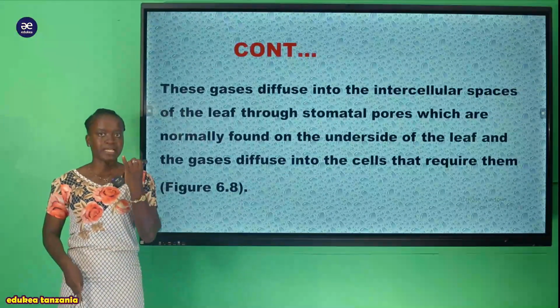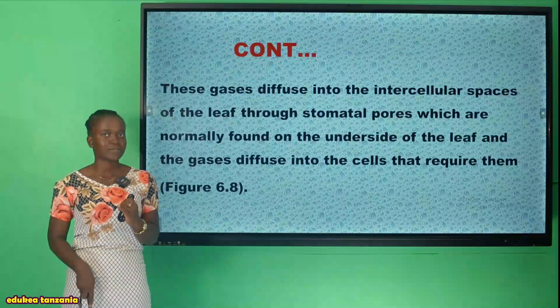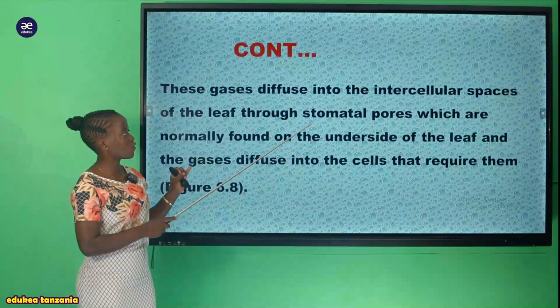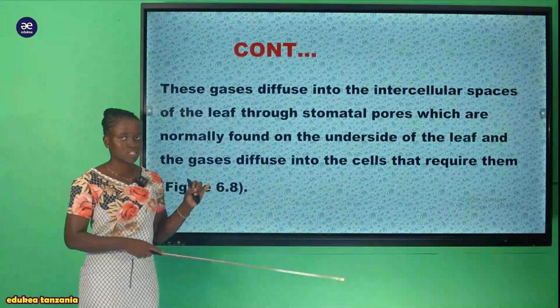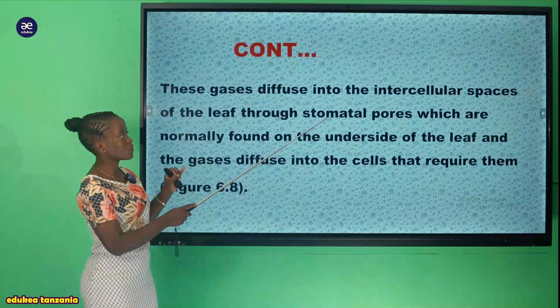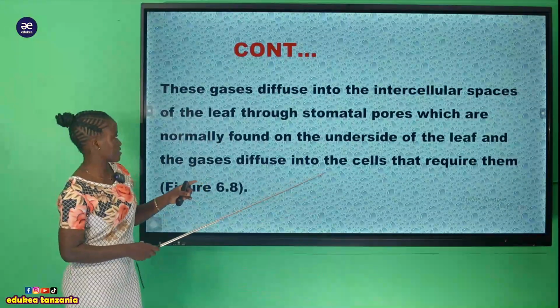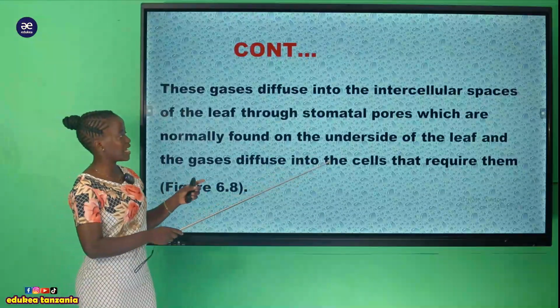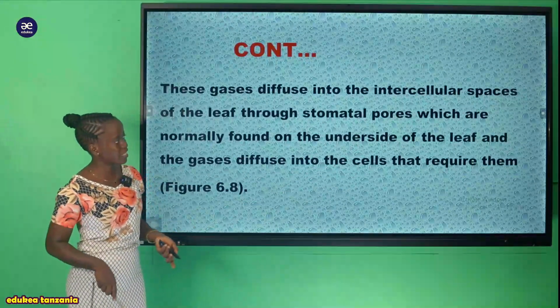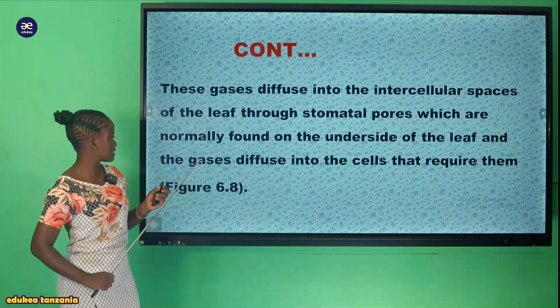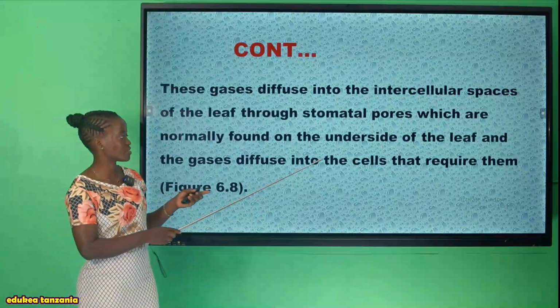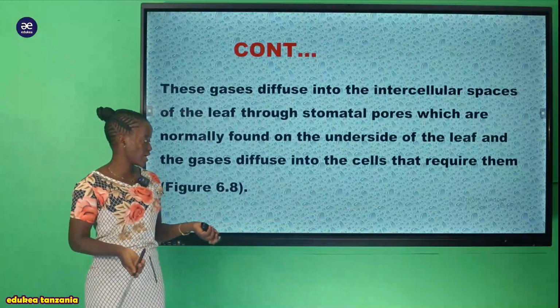Hizo gesi zote oxygen pamoja na carbon dioxide zinaingia kupitia hii part ambayo inaitwa stomatopores. So hizi stomatopores ndio ambazo zinasaidia kwenye exchange ya hizo gases, are normally found on the other side of the leaf cell, and the gases diffuse into the cells that require them.